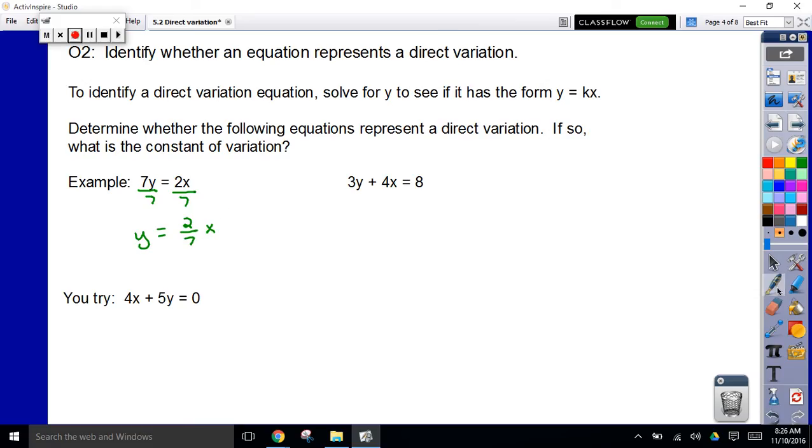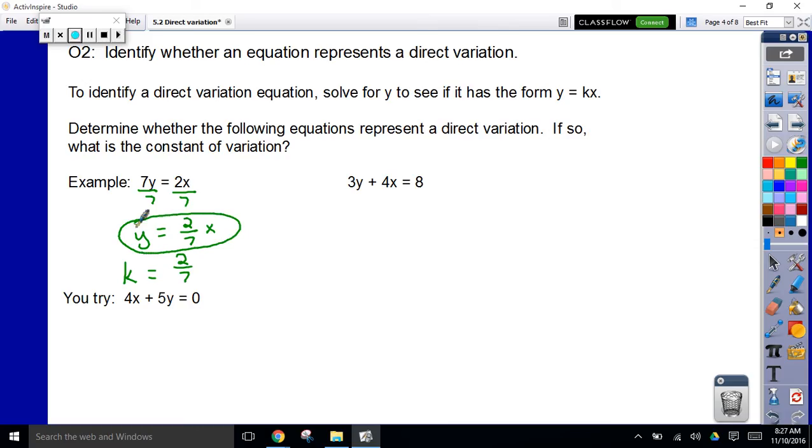So that does represent a direct variation, because we have y equals something times x. And this something is the slope or the change, which in this case we call k. So k equals, wait, I wrote 3, but I meant to write a 2. K equals 2/7. So this is the equation, and then this I'm just telling you what k is.